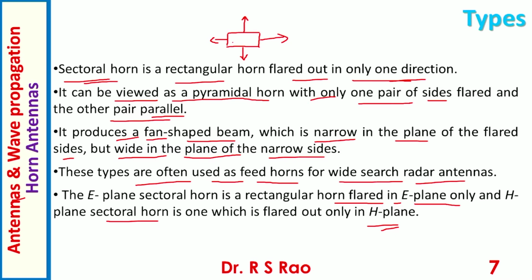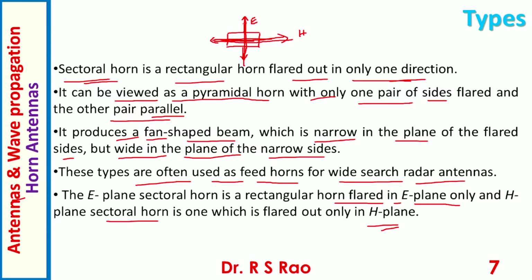If opening of only the narrow walls is done, then the resultant horn is called an H-plane horn. This is the H-plane horn or H-plane sectoral horn. If opening is of only the broader walls, these walls, then the resultant horn is called an E-plane sectoral horn.